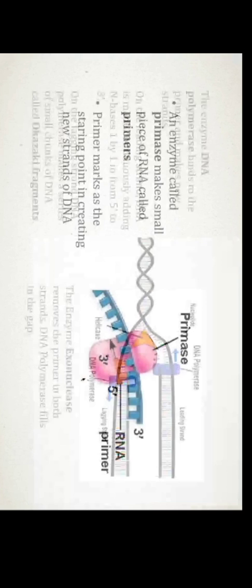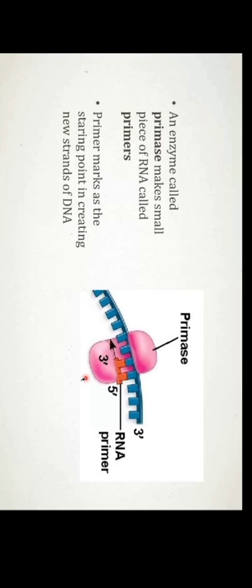Remember the enzymes we mentioned. Helicase unzips and forms a replication fork. Then primase attaches to the replication fork and makes small pieces of RNA called primers.